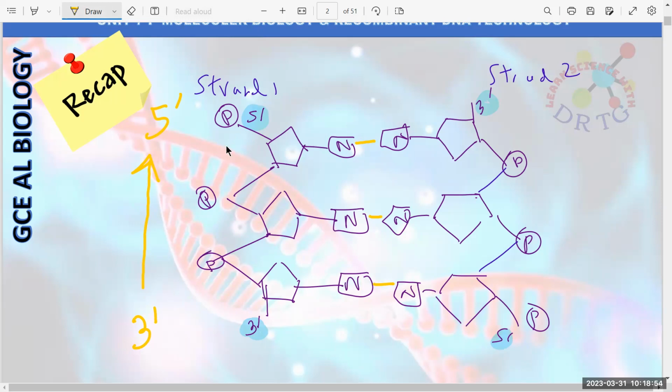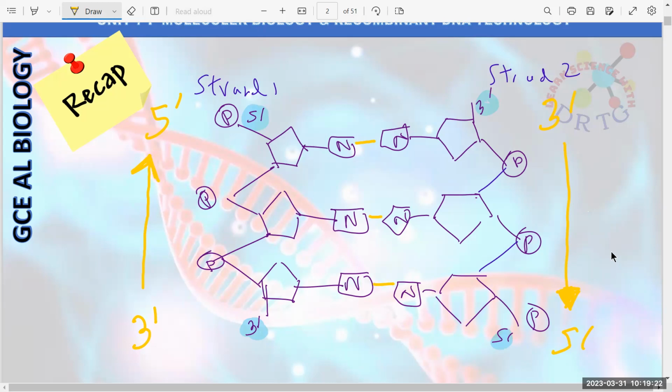Now, if we turn it upside down, this is running 3 prime this way and 5 prime is this way. So look at the arrows. This is going upward, this is going downwards. So they orient like this. One is going upward, one is going downwards.